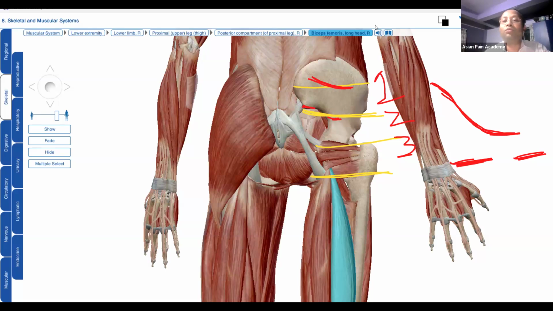In the number 3 position, this part will become a bit bigger, a wider area, so we will understand that this is the ischial spine. Fourth one, again we will see this way, small ischial tuberosity.